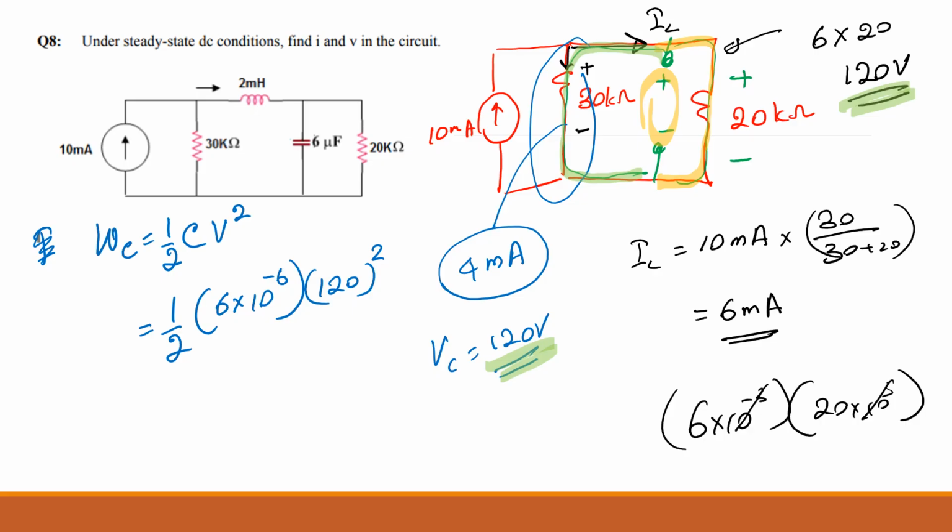So if you want to find the energy stored in the inductor, that will be half times L times I squared. These ones you don't need to remember, okay? You will get the answer. You will get the equations. So half times L is 2 millihenries, 10 to the negative 3, times the current is in milliamps, so 6 times 10 to the negative 3 to the power 2.